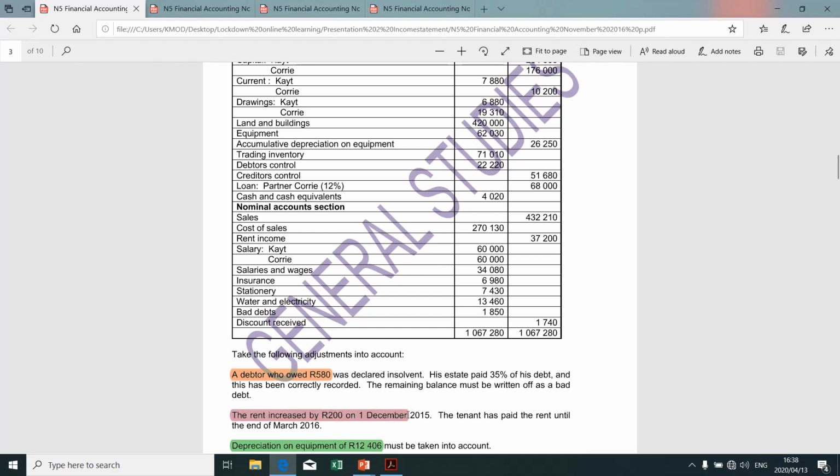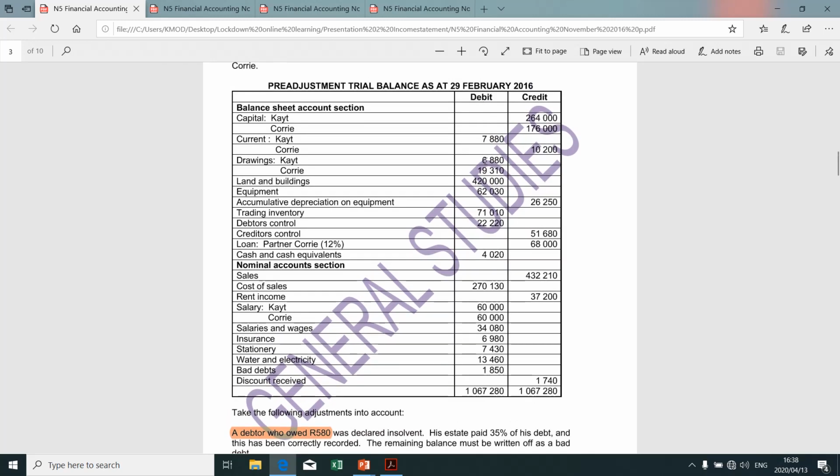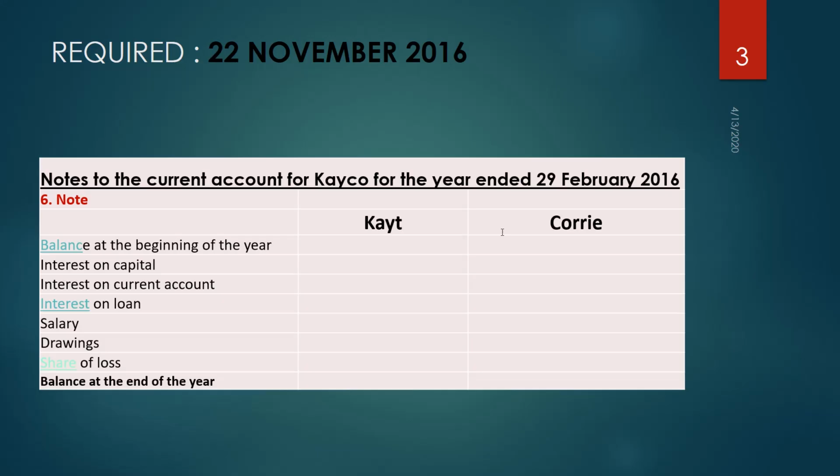Remember, interest on drawings is not necessarily an adjustment impacting drawings, but just a calculation on interest on drawings. However, to cut the story short, partners didn't make further drawings other than the drawing indicated at the beginning of the year. So we're going to take the amounts as they are and post them to the note to the current account.